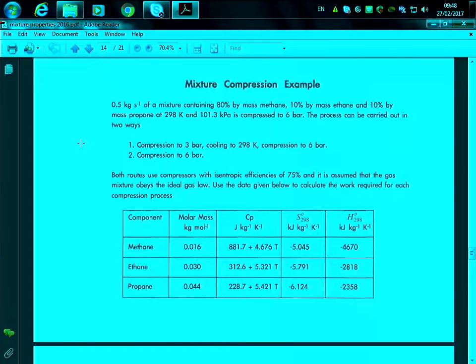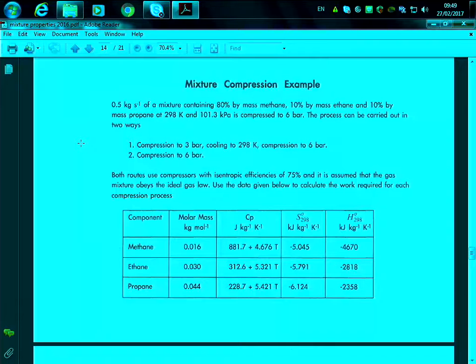That means that we first assume that the compressor is working 100% efficient. Okay, so that's the first thing that we do in the compressor. And later, with the isentropic efficiency, we correct to account for the non-efficiency of the compressor. Do you remember? So, in terms of the mixtures, the same calculations will apply.